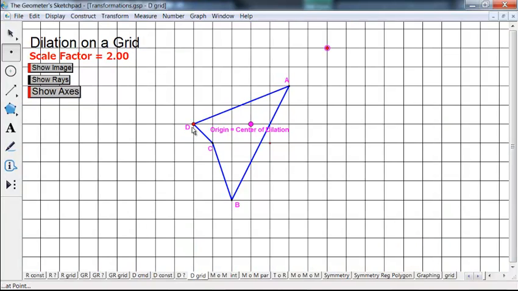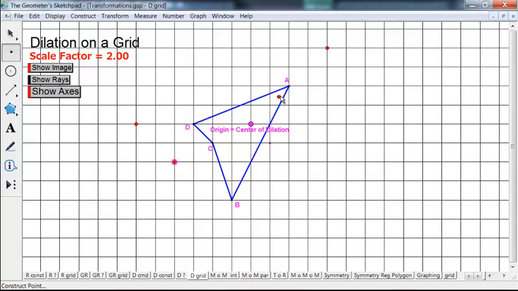D goes straight left 3, so now I go straight left 3 more, to 6 out. And so we've got A prime and D prime, so we can connect those up to get the line segment A prime D prime. Now this one goes left 2, down 2, so I go left 4, down 4. So there's C prime.